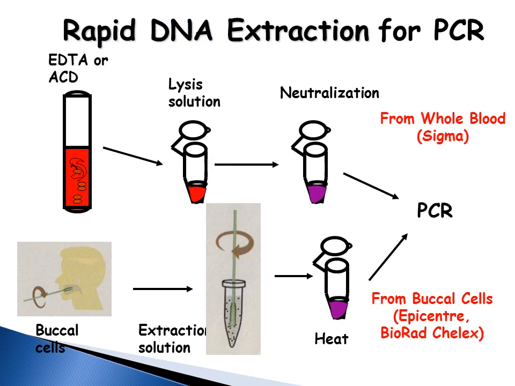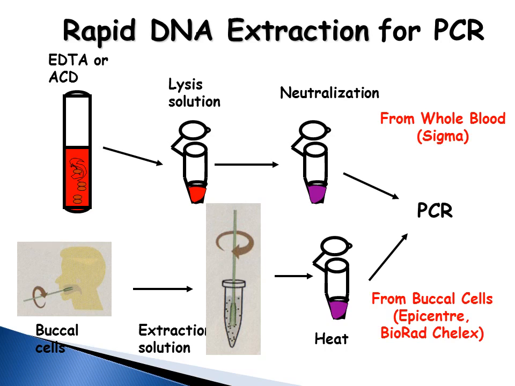So a rapid DNA extraction. These rapid methodologies are commonly used before amplification methods such as PCR, because you just want to quickly get your DNA so that you can do your analysis on it.